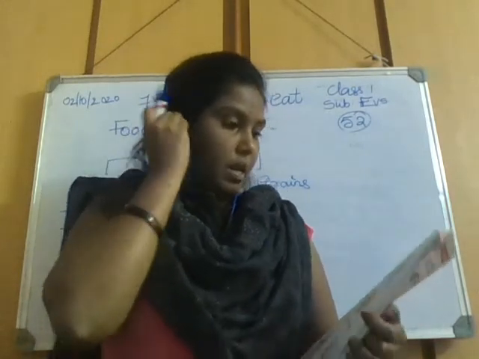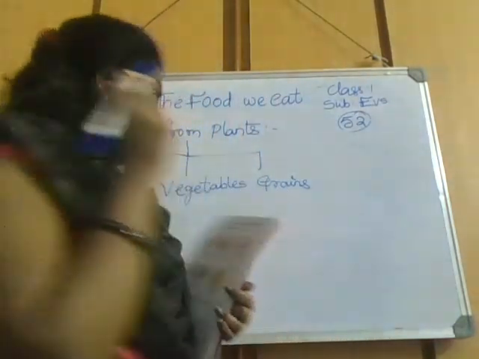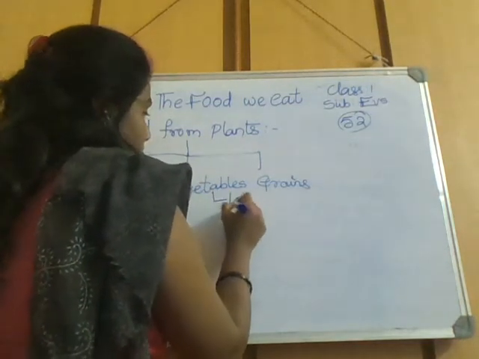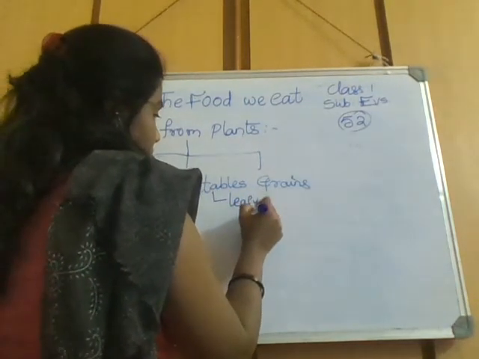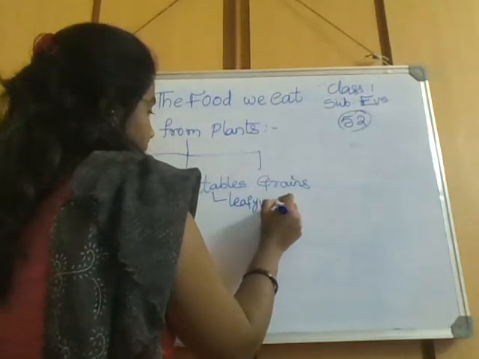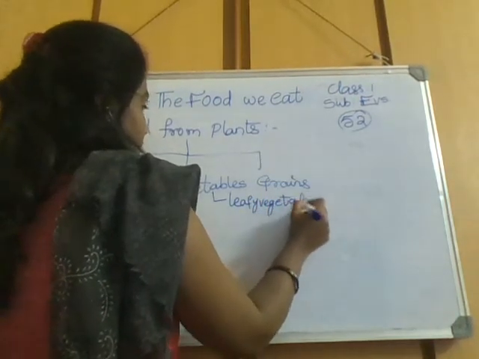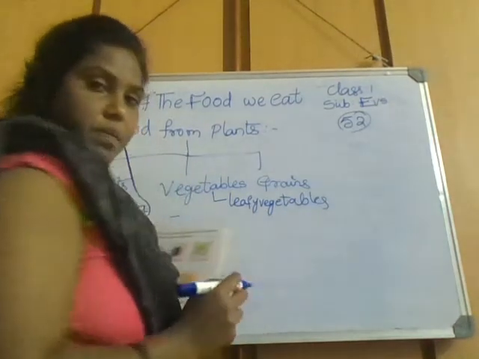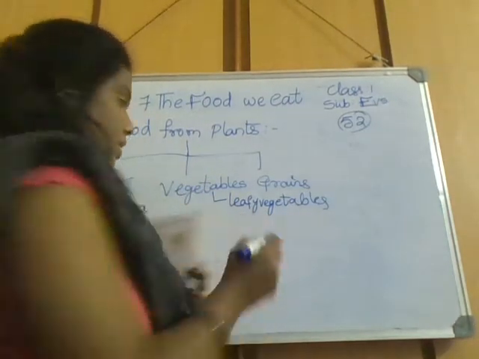But here the vegetables are also of two types. One, we have the leafy vegetables in the vegetables part. What kind of vegetables will we cook for curries?